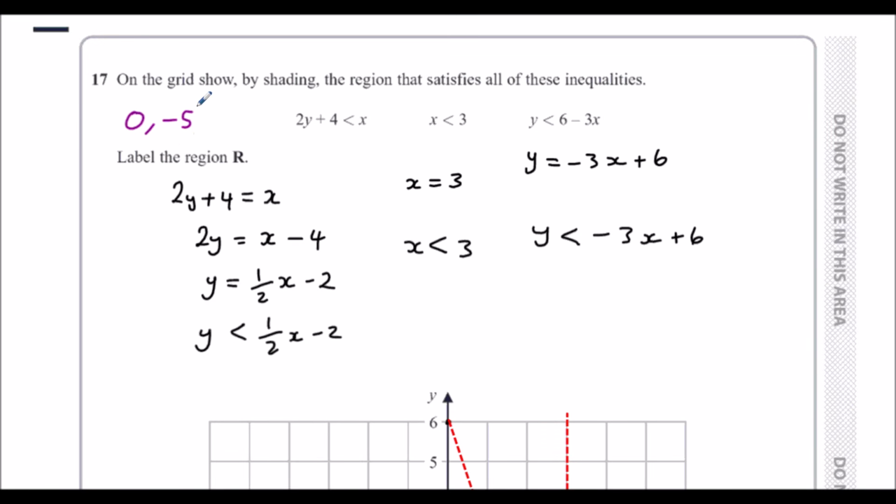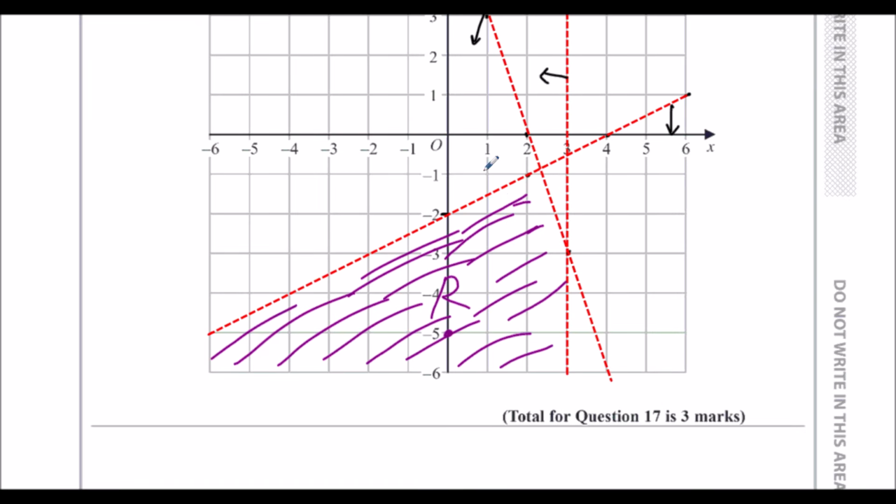When x is 0, y is minus 5, all of these should work. 2 times minus 5 makes minus 10, plus 4 is minus 6, minus 6 is less than 0, so that's true. 0 is less than 3, that's true. And minus 5 is less than 6, and that's true. So we know we've got the right region, and that's the one down here.